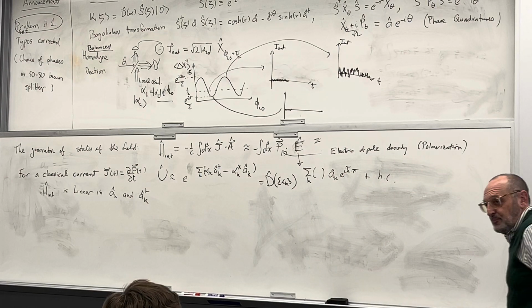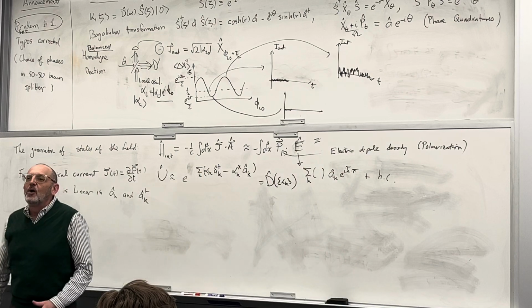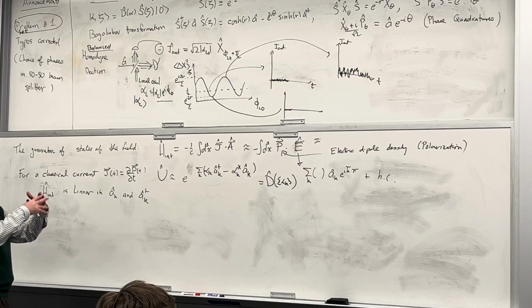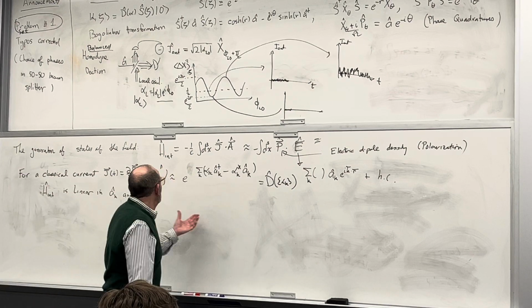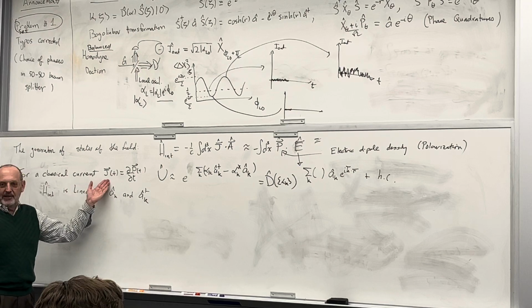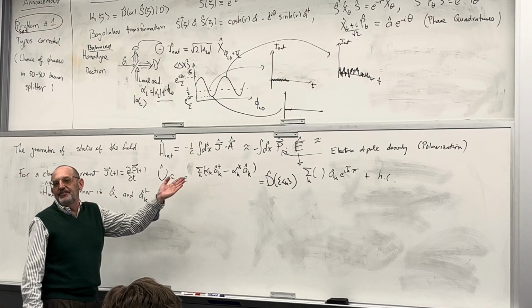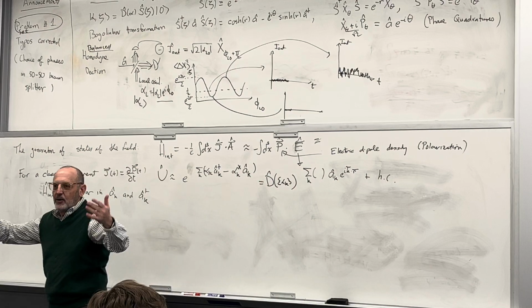So, importantly, if I have a classical current, if I start with nothing, the vacuum, then what I will generate, to the degree to which the current is deterministic and I know exactly what it is, is some coherent state, okay? It'll radiate a coherent state.